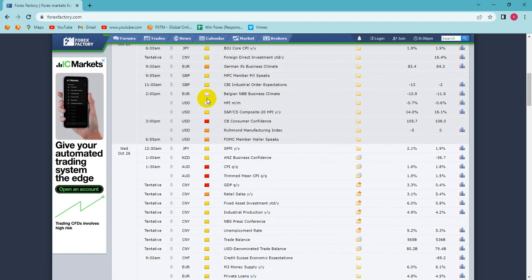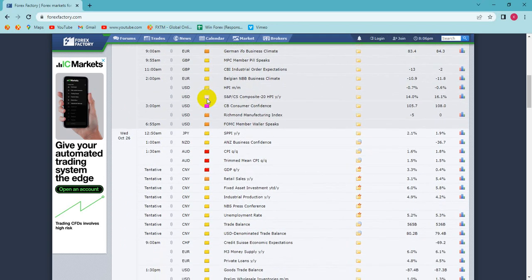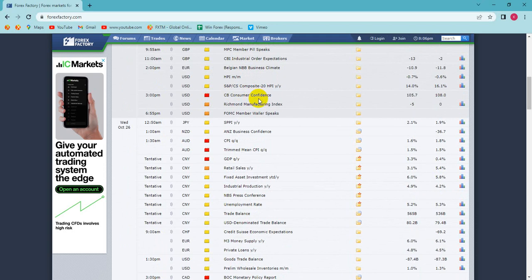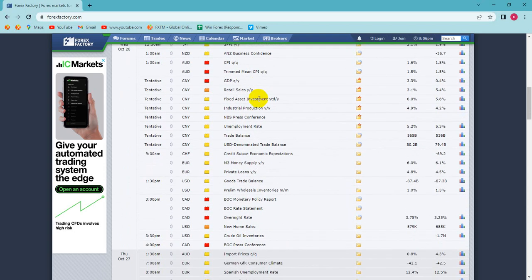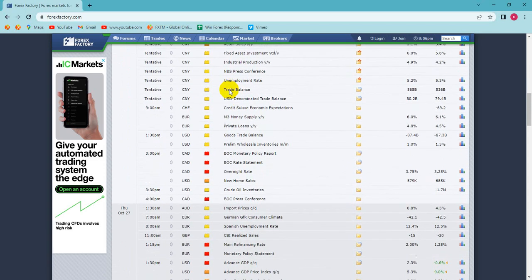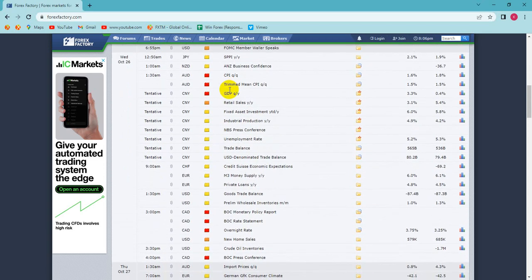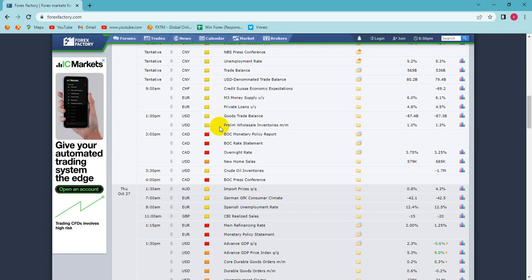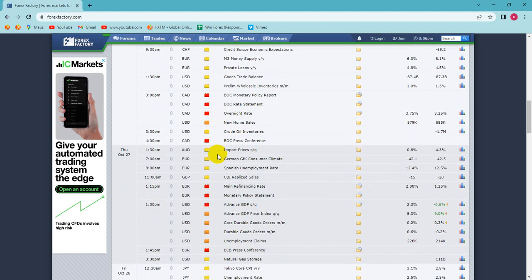So within this week too, on Tuesday, CB consumer confidence, that's the red folder.